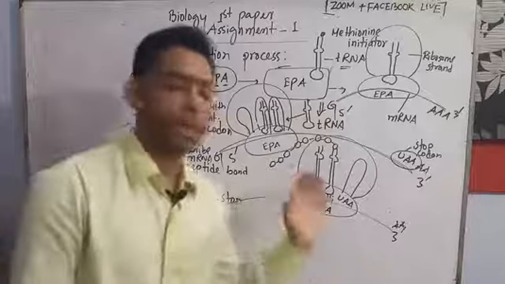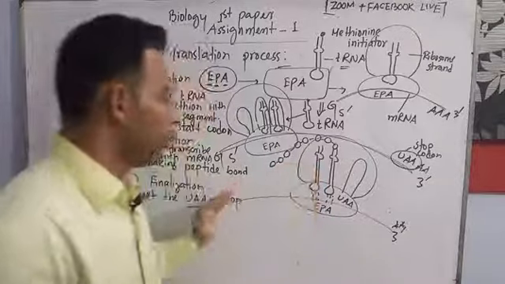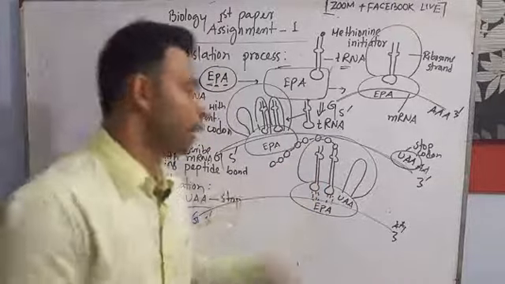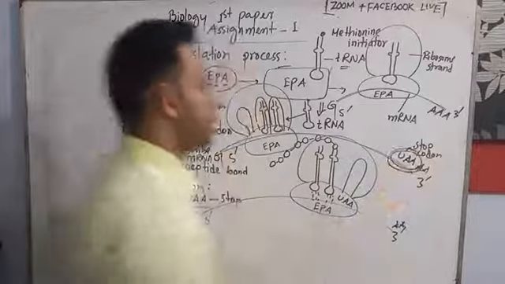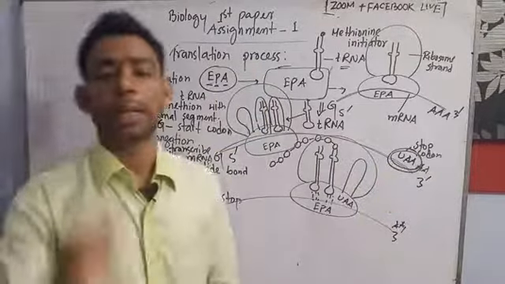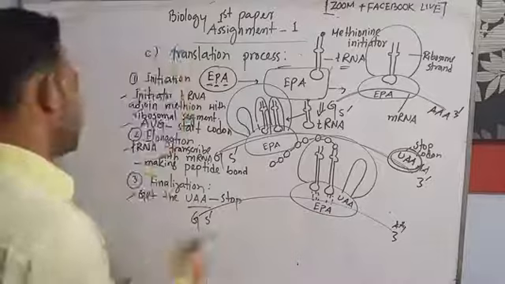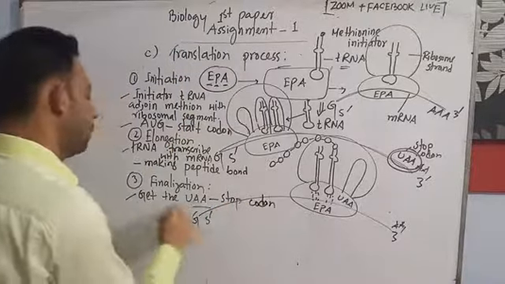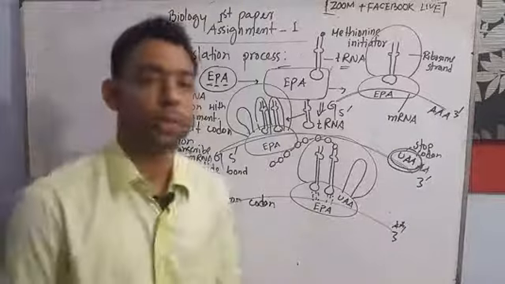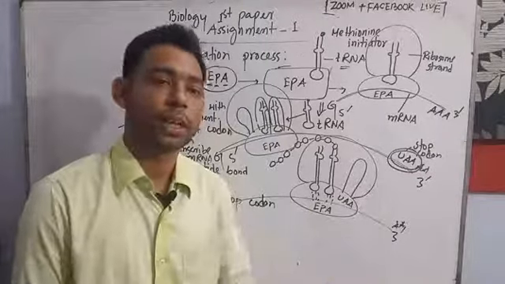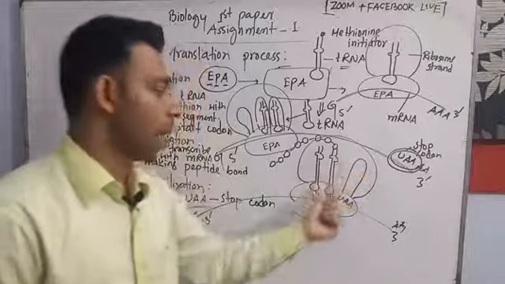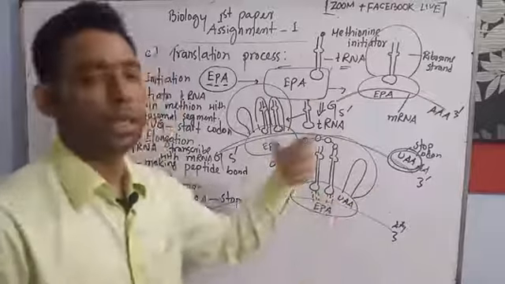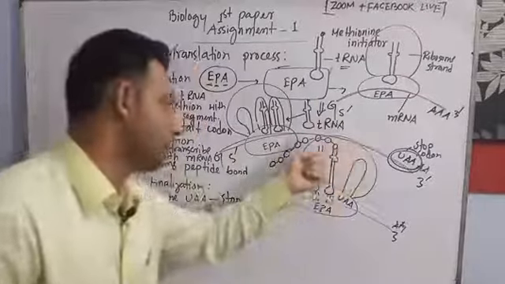UAA EPA is adjoining with them to follow the mRNA, and finally when we get the UAA sequence in the mRNA, that is the stop codon, the finalization, and the transcription of the mRNA sequence is complete. I just tell you AUG, UAA, UCA, in this way.